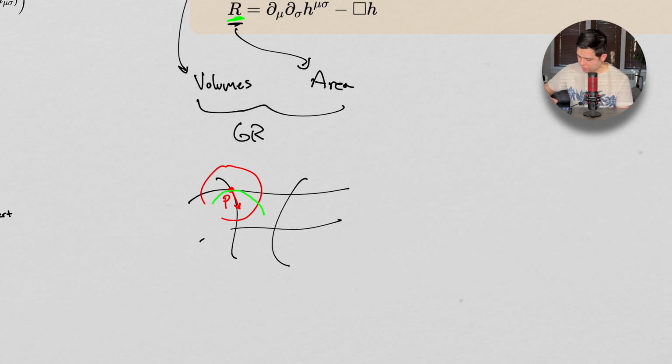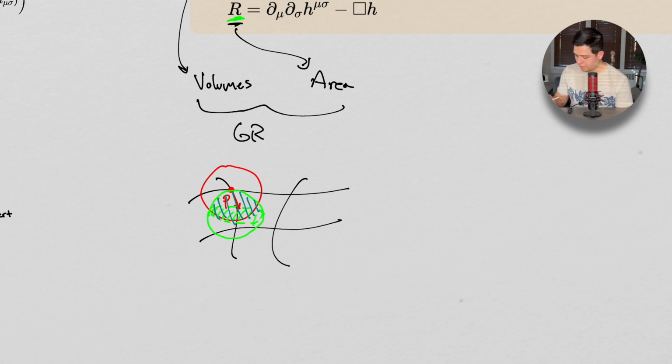tells us something about areas, and how the areas deviate from flatness. So here's flatness. The area is going to be that top of the sphere in which P is at the apex of that sphere, or at some point on that sphere.